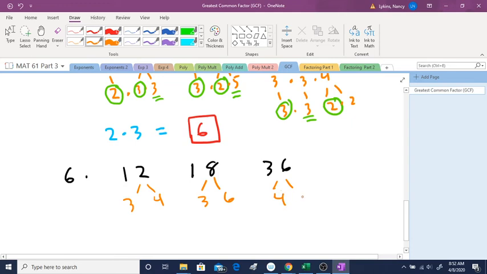And let's use 4 and 9. The 3 cannot break down, but the 4 can break down into 2s. The 3 cannot break down, but the 6 can break down to 2 times 3. And finally, your 4 can break down to 2 times 2. Your 9 can break down to 3 times 3.